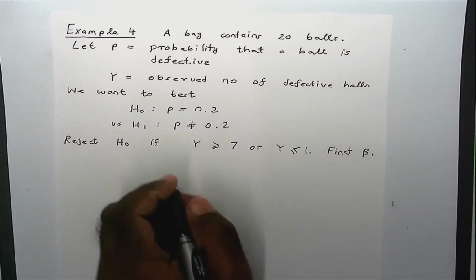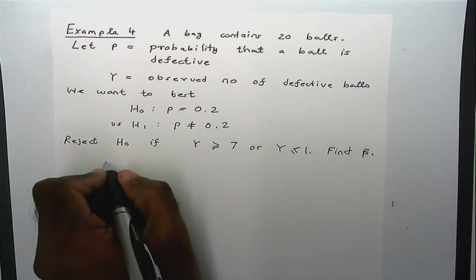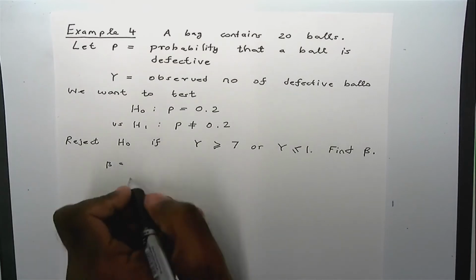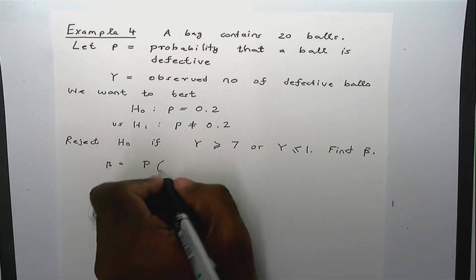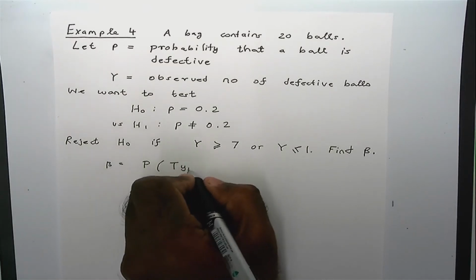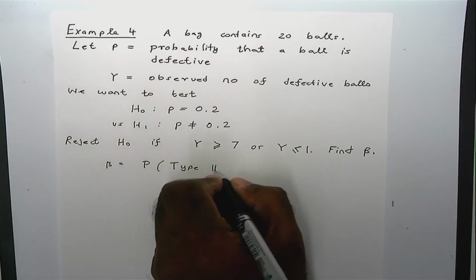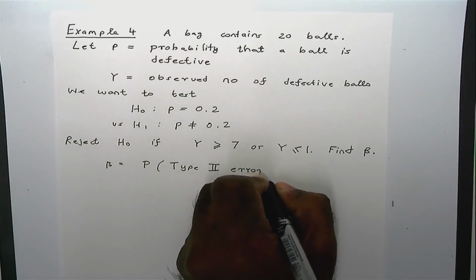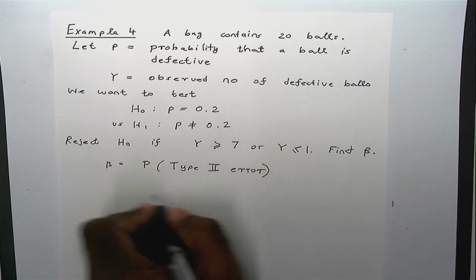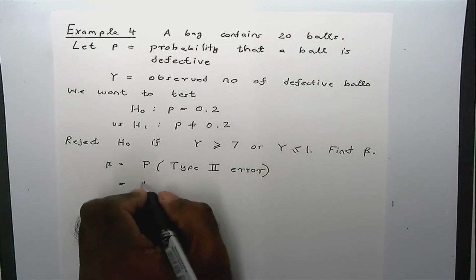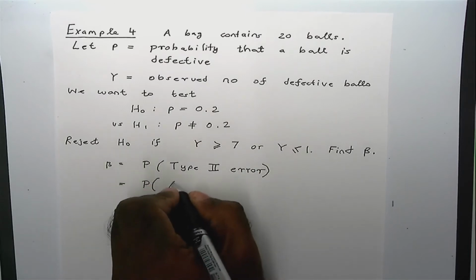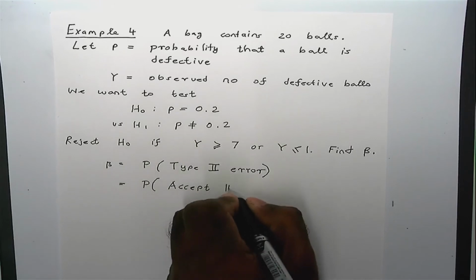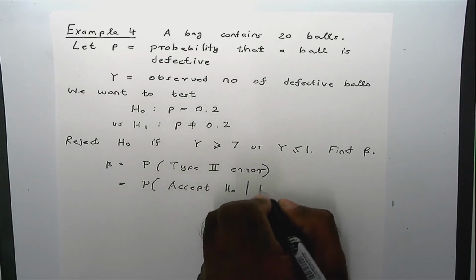So beta, once again, is the probability of type 2 error. And this is the probability that we accept H0 given H1 is true.